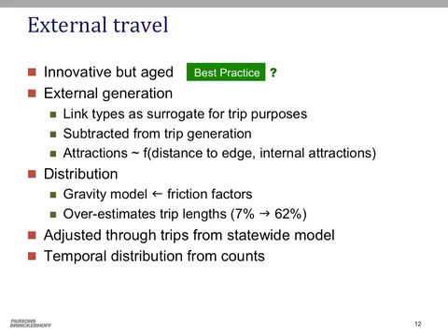Their external travel model is an innovative model, but it's based on some rather old travel survey data. I call it a best practice model because it has some really neat features. Not only do they have an explicit model of generation and distribution, which is not terribly innovative, but the way they do it is pretty interesting.